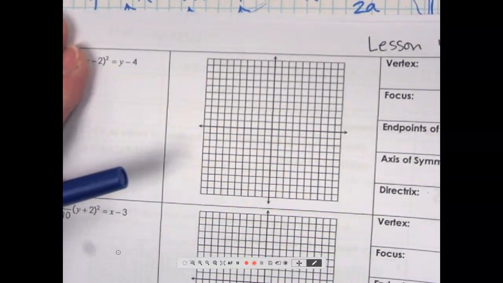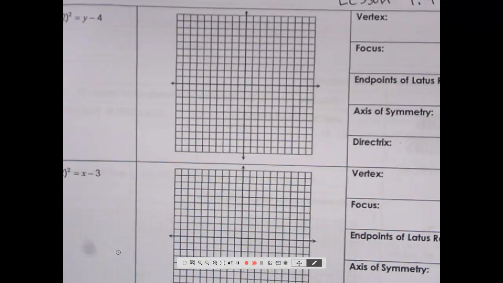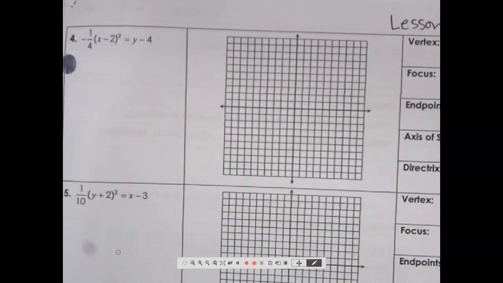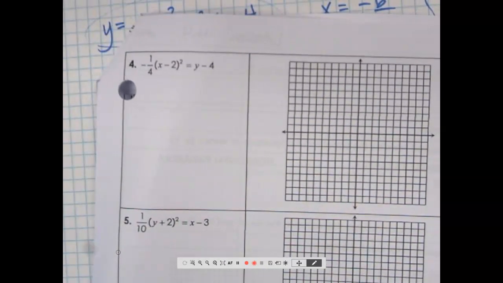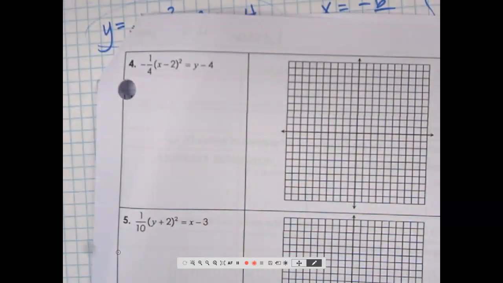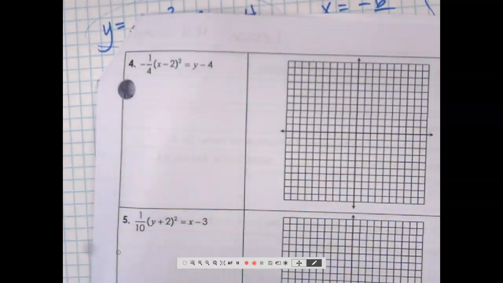Let's let you do one of these on your own while I do it as well. But whoa, which looks worse? How about 4? You've got a fraction and a negative out front. Okay. Is it in the right form? No. I actually want that squared thing by itself.